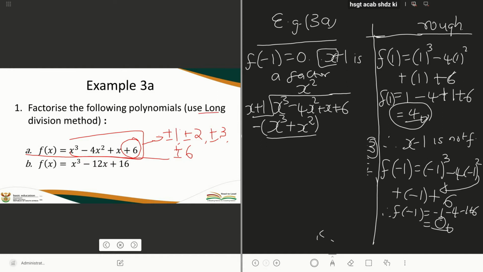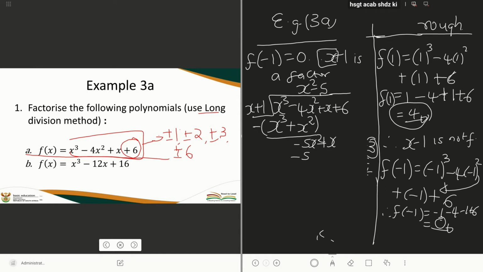Minus 4x squared minus x squared is negative 5x squared. Guys, remember to align your terms together. And then you bring down the next term, which is positive x. You start the process again. x into negative 5x goes how many times? Negative 5. Negative 5 multiplied by x, negative 5.